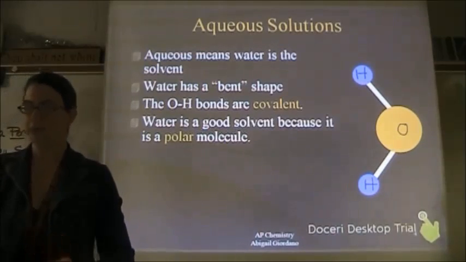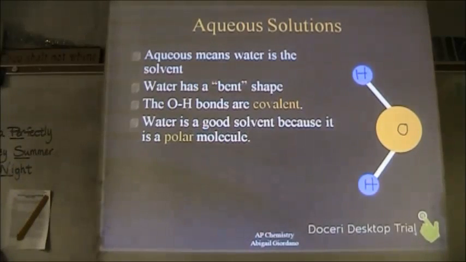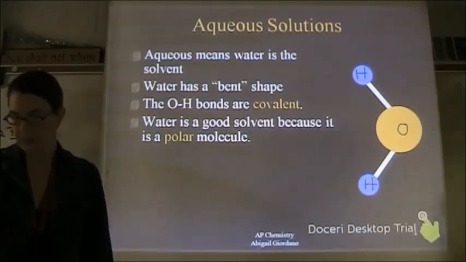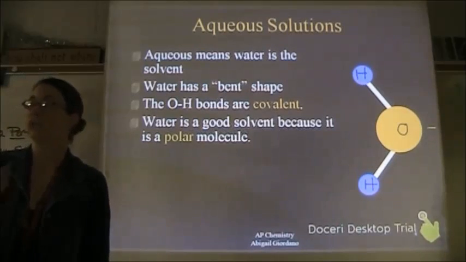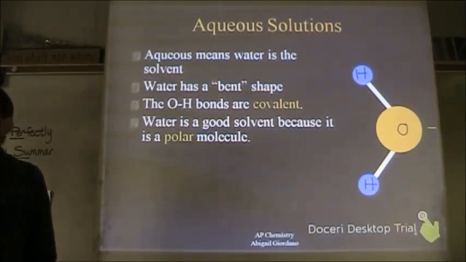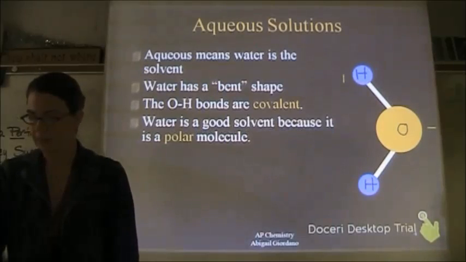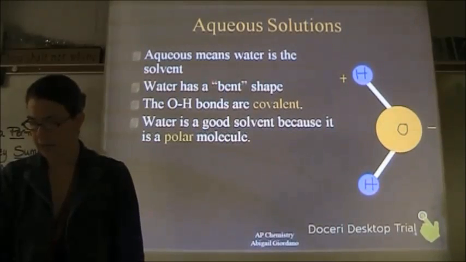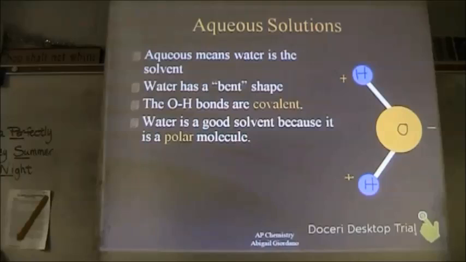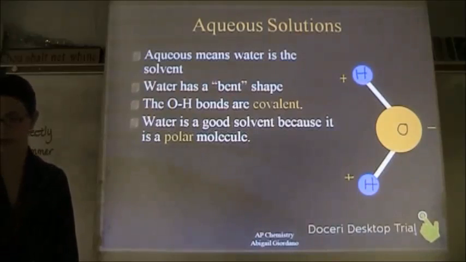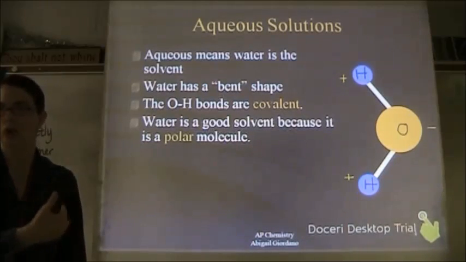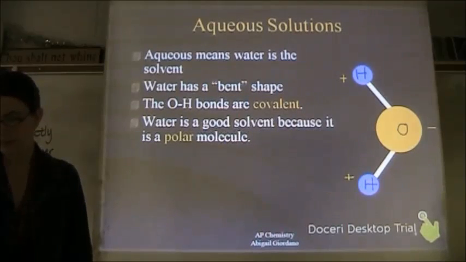These are your two hydrogens. Oxygen is the more electronegative element. Right, so this side of the molecule, the oxygen side, is going to be a little bit more negative, and the hydrogen side is going to be a little bit more positive. Okay, but that makes water a very good solvent. It allows it to dissolve many solutes.